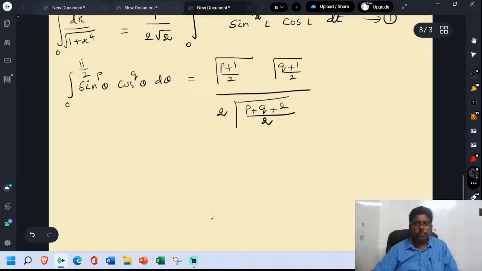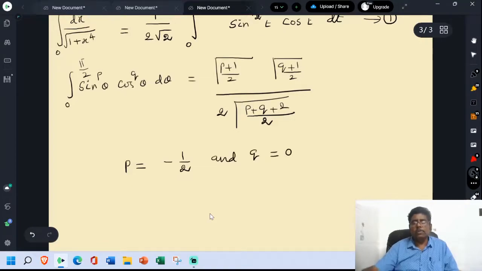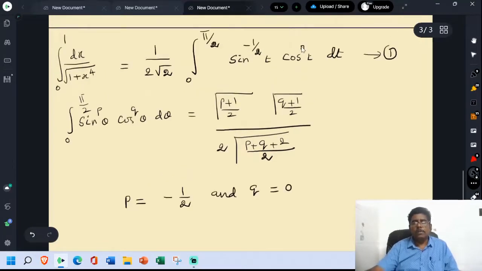Therefore, in the above integral 1, the value of p equal to minus 1 by 2 and q equal to 0, because cos power 0 into t. This is q, this is p. Now we have to use this formula.